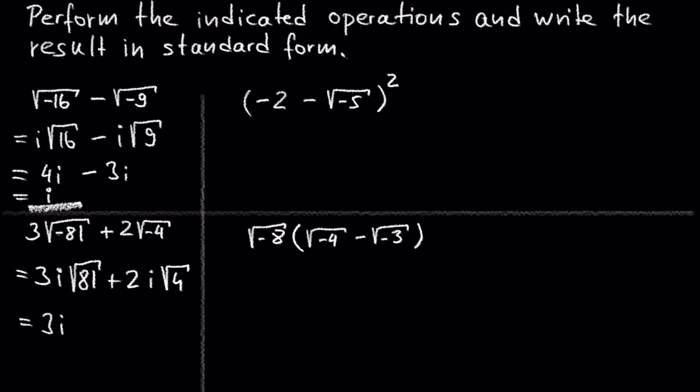The square root of 81 is 9, and the square root of 4 is 2. 3 times 9 is 27, and 2 times 2 is 4. 27i plus 4i is 31i. And we're done with this problem.